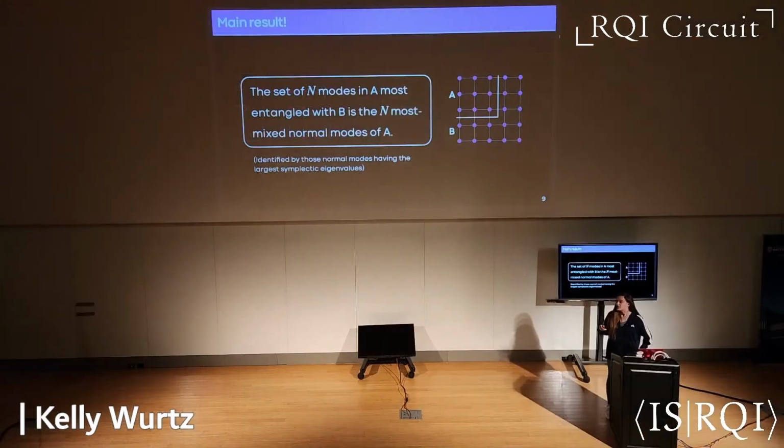And so with that, we have a prescription for finding the set of n modes that a detector system with n degrees of freedom would couple to extract the most entanglement with the complement region.